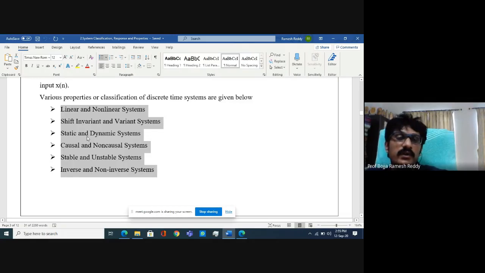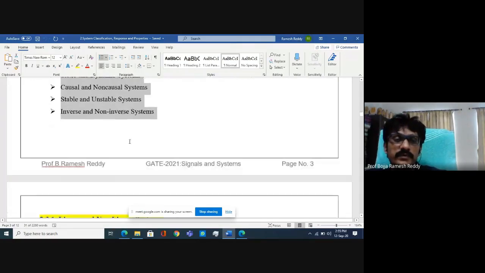Third, we have to test the system for static or dynamic. Static systems are there, dynamic systems, causal systems, non-causal systems, stable systems, unstable systems are there. And finally, we will see inverse and non-inverse systems. These are the various types of systems, and we also call them properties of systems.